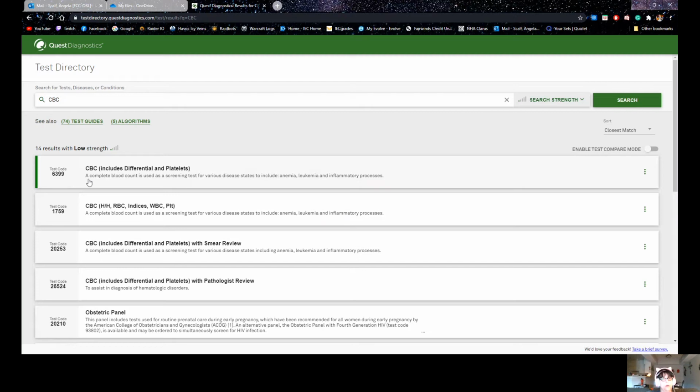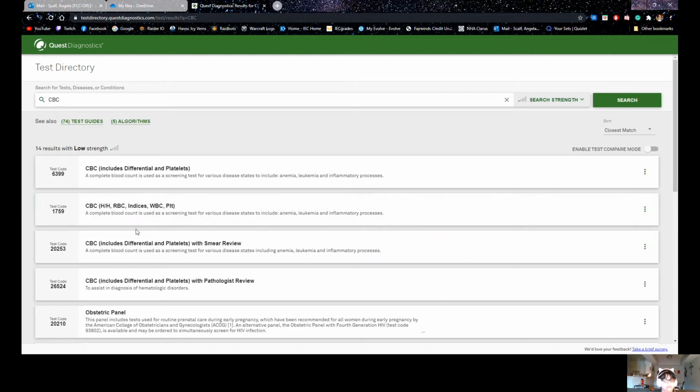Okay, so when we see the doctor's orders, is it test code 6399 for CBC with differential and platelets? Or is it a CBC, H&H, RBC, WBC, and a PT or PT/INR?